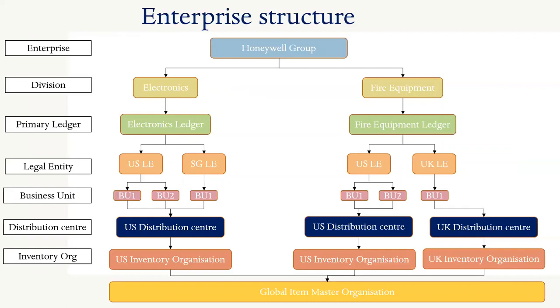It allows us to configure for different countries, where we can attach the legislative data group to the legal entity. Legal entity is always country specific. So we can attach this legislative data group to the legal entity and make use of different country-level configuration. But the enterprise is always one.